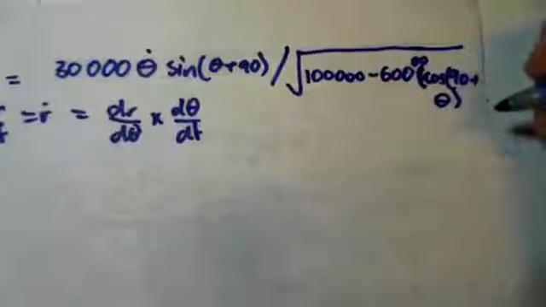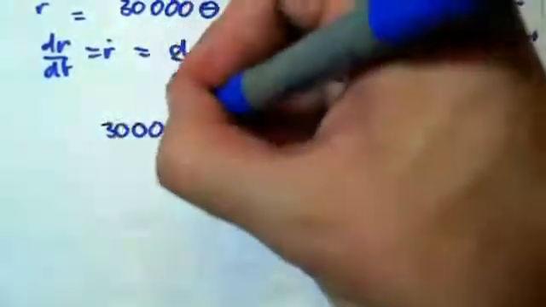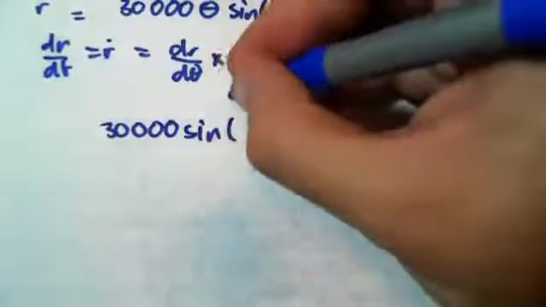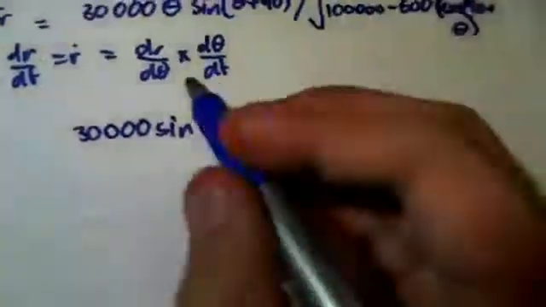If we express this in terms of r, this becomes 30,000 theta dot sine of 90 plus theta, over r.